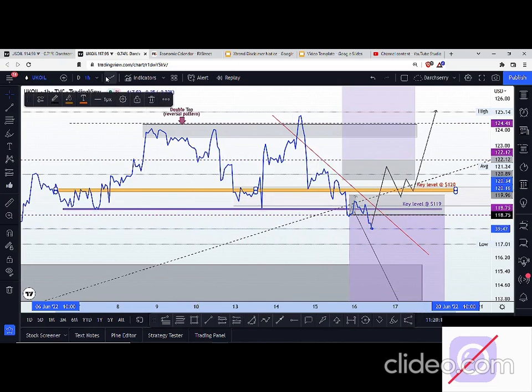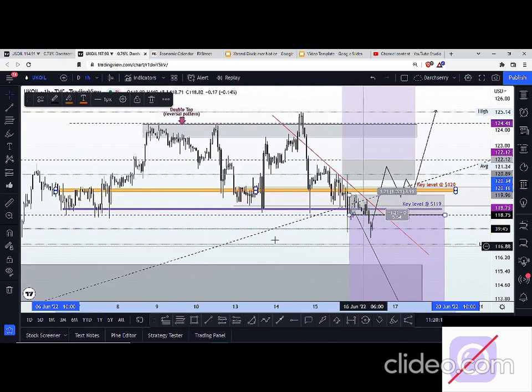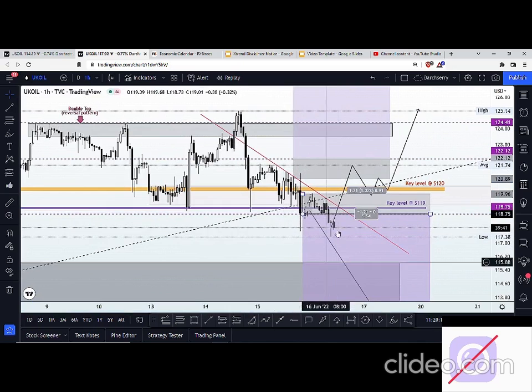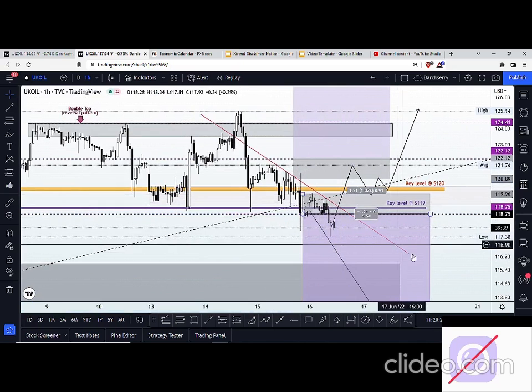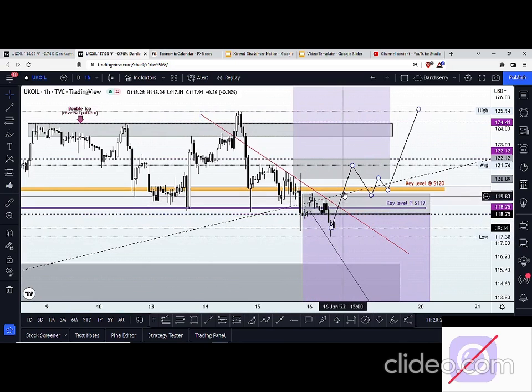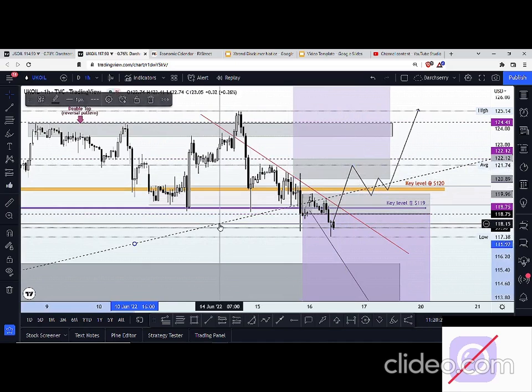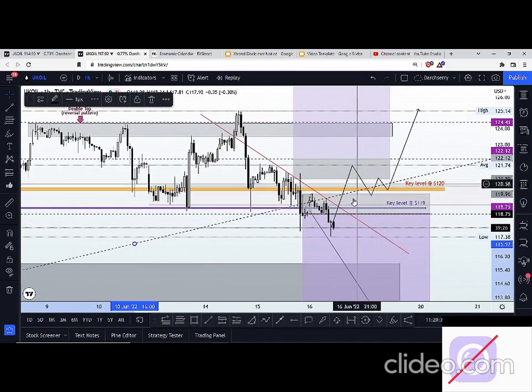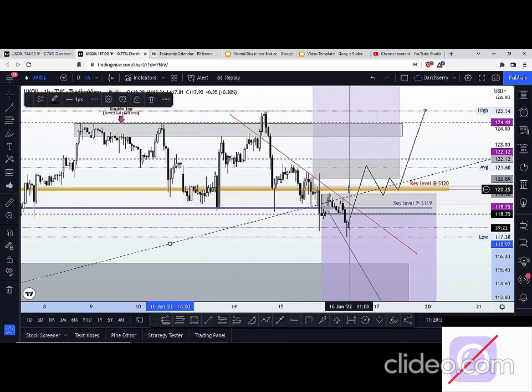So if we are going to buy the UK oil, we want to see price break out of this bearish trend line, the red trend line I just highlighted here, and then we want to see price go up as far as breaking above the bullish trend line, this one, the dotted black line here, and then we want to see a retest of structure which also shares a confluence with our new key level at $120 to take advantage of a trend continuation to the upside.